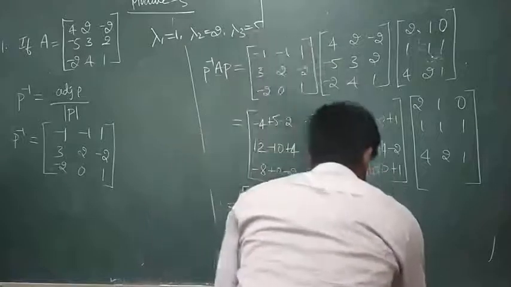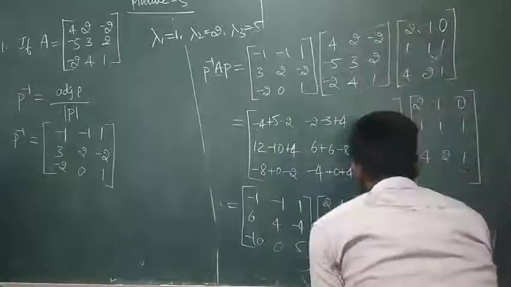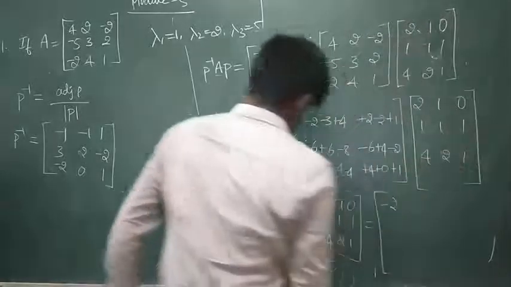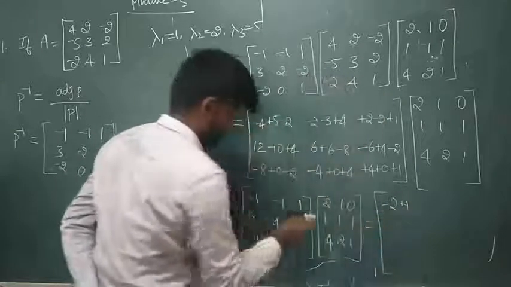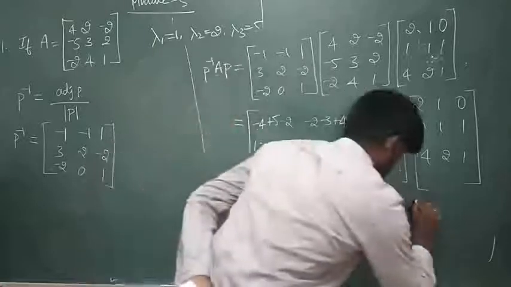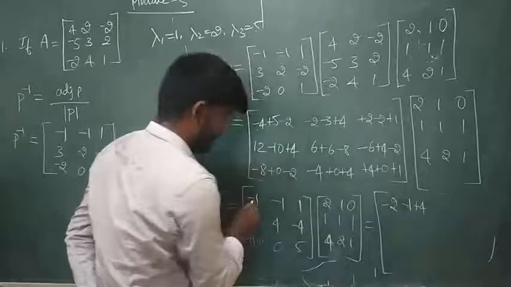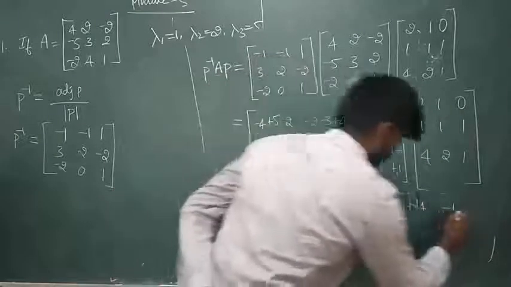After multiplying these two matrices, we get 1 into 2 minus 2, and minus 1 into 1 plus 1, plus 1 minus 1, 1 into 4 plus 4. Minus 1 into 1 minus 1. Minus 1 into 1 minus 1.